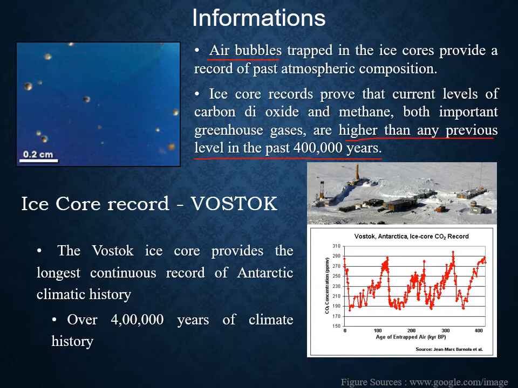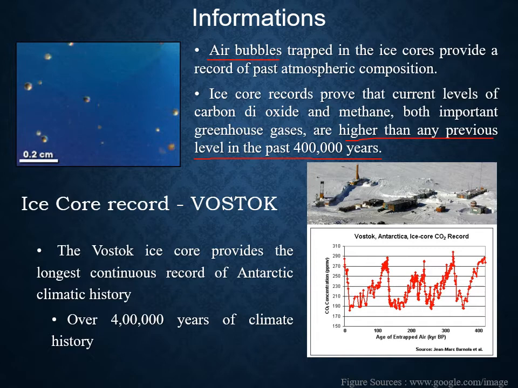Here you can see the ice core record in Vostok. This is the ice core station in Vostok, Antarctica, from which we can get similar kinds of gas bubbles trapped within the ice, and these gas bubbles provide us a continuous record of climatic history of Antarctica over the 4 lakh years.